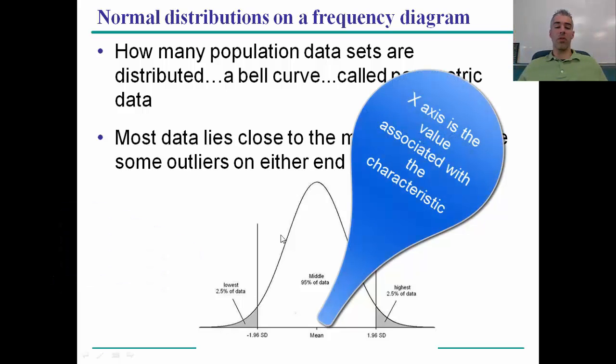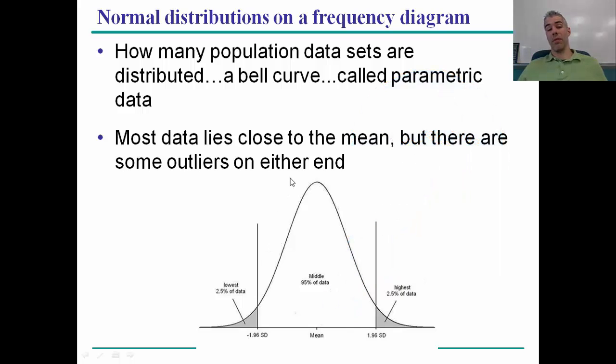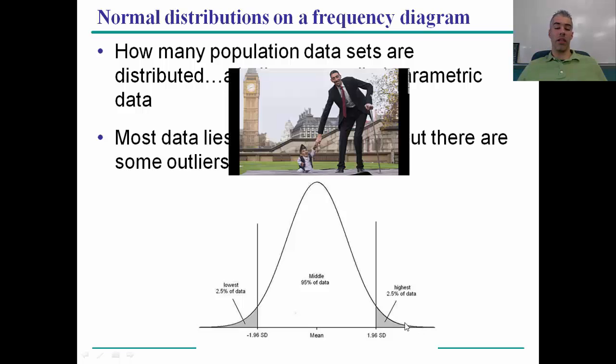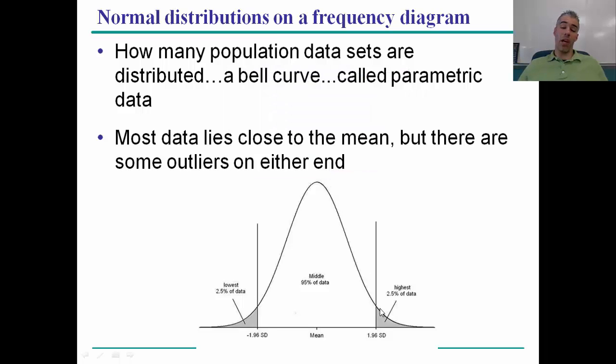It's called a normal distribution, where most people fall right around the average. Height would be an example of this. And then you have people that are outliers, who are either really tall or really short. Most people are this big, right? About 95% of people fall within this range.